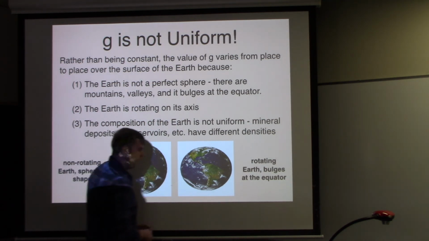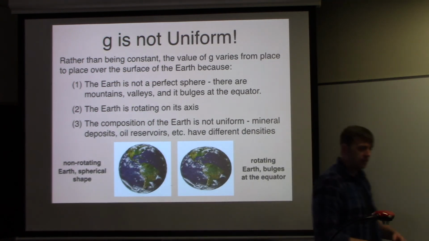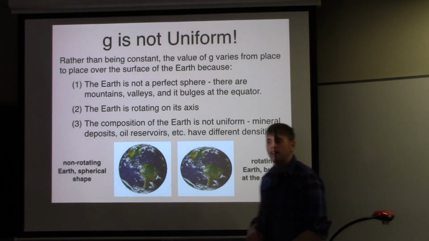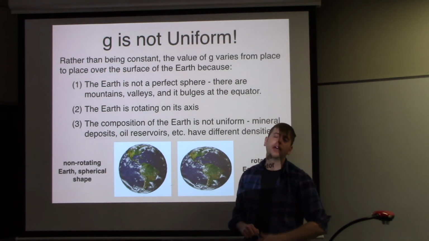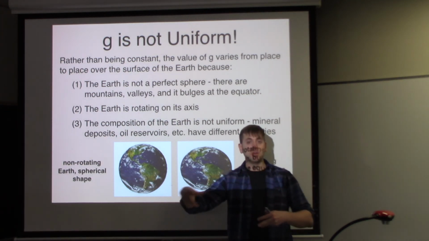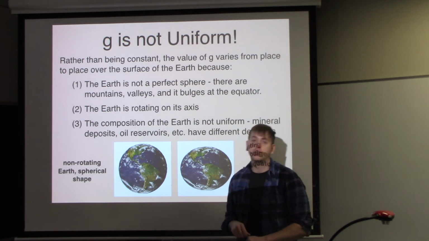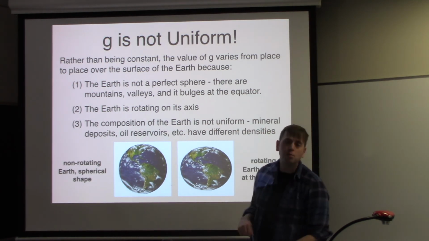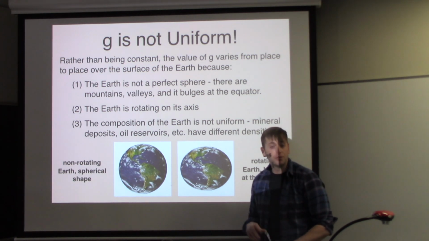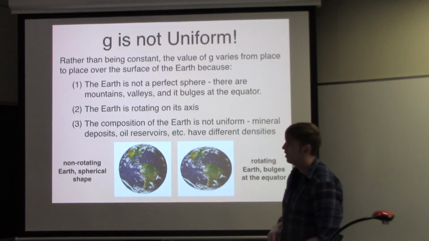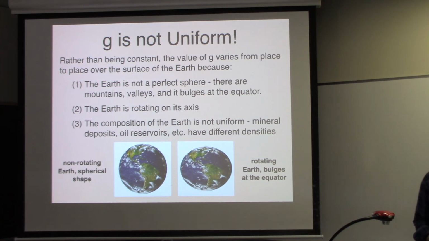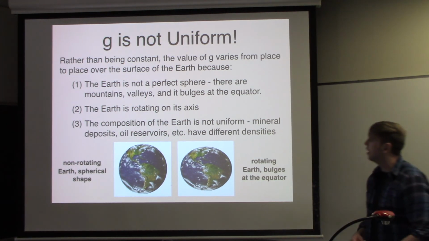The next thing is the Earth is rotating on its axis. So I gave you some sense back in chapter 4 that when you're on a rotating frame of reference, the physics gets a little complicated, and that's point number 2. The fact that the Earth is rotating is going to affect gravity in subtle ways. And then the last thing is the composition of the Earth is not uniform.